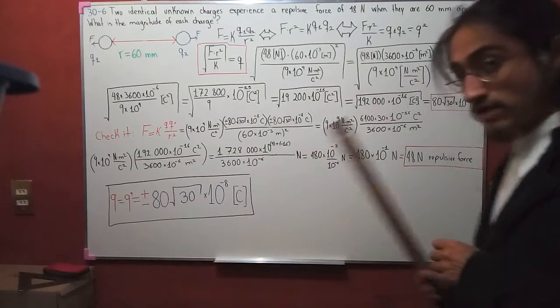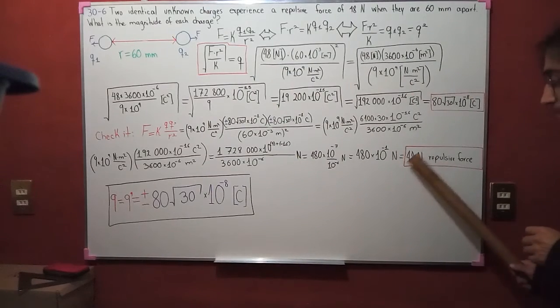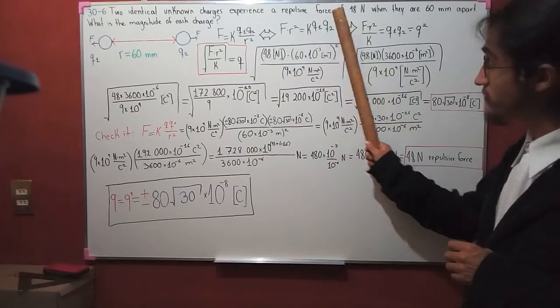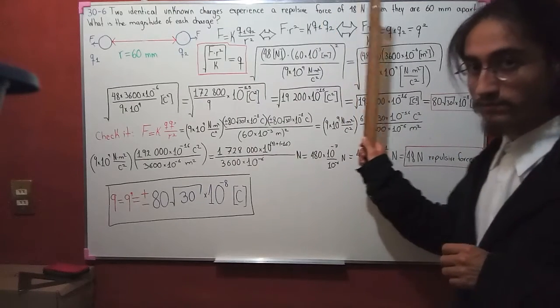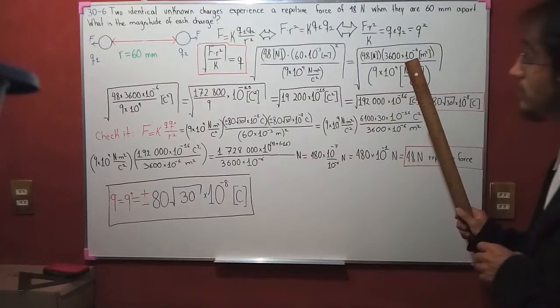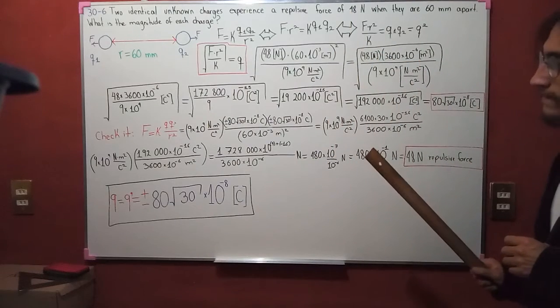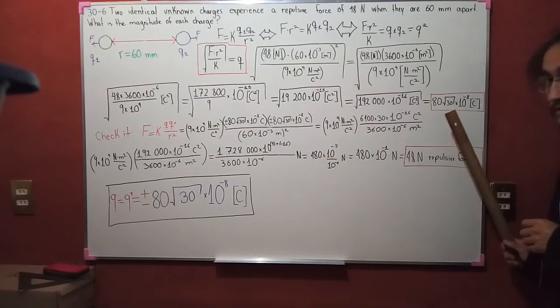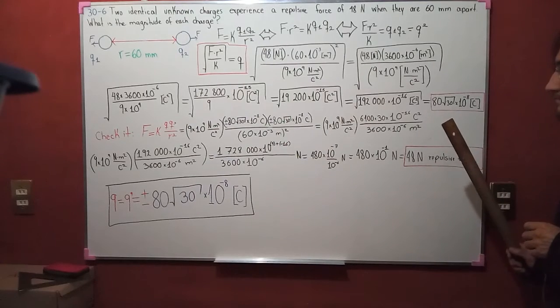Now, look at this. 48 Newton of repulsive force is the same repulsive force as in the hypothesis of the problem. So, this means that the distance that I found is the correct distance.